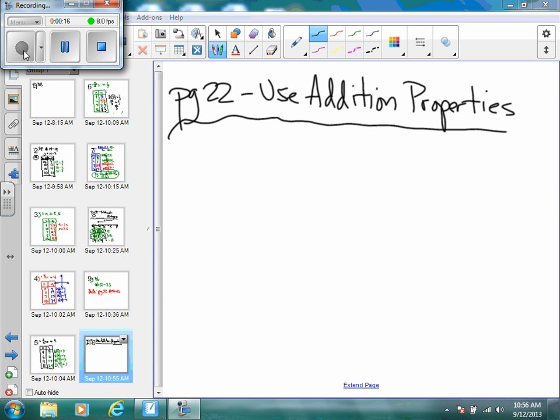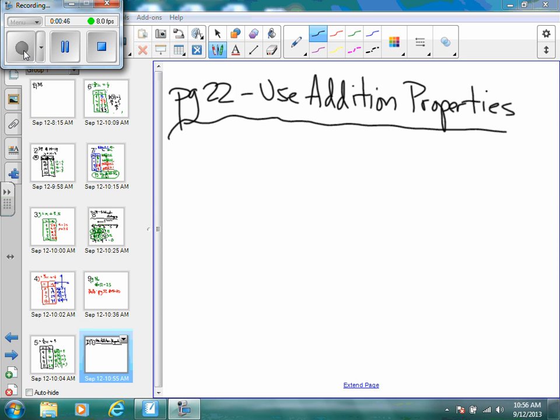And the idea behind the properties is that hopefully if you use them as a tool, they'll help you do the problems easier, I guess is one way of looking at it, okay? So what you'll have to do today is become familiar with the names of the properties and also be familiar with what each property is telling you, okay? What does it really mean is what we're going to talk about for today.